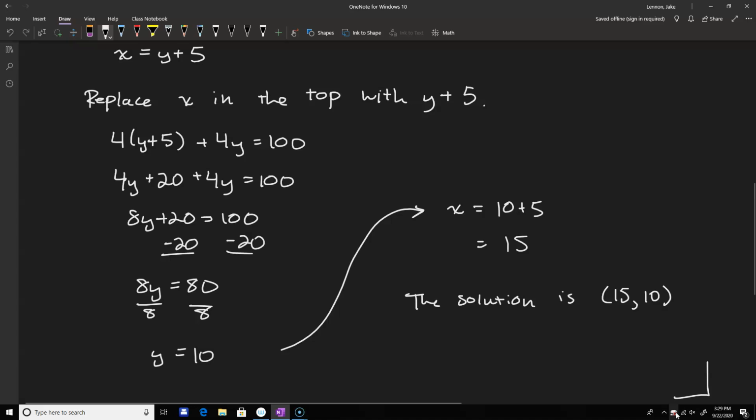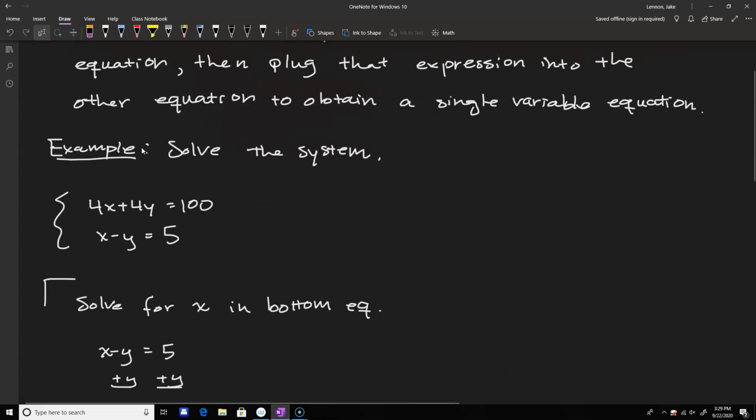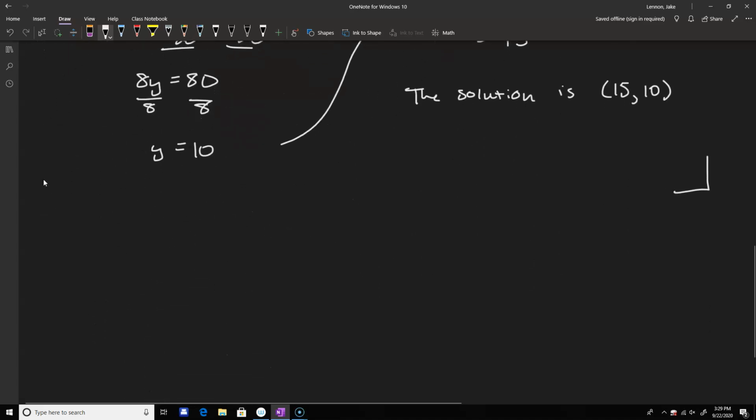Usually you're going to use it if you see that one of these systems is easy to solve for a particular variable. Why don't we call that one part A and make this a multi-part type problem.